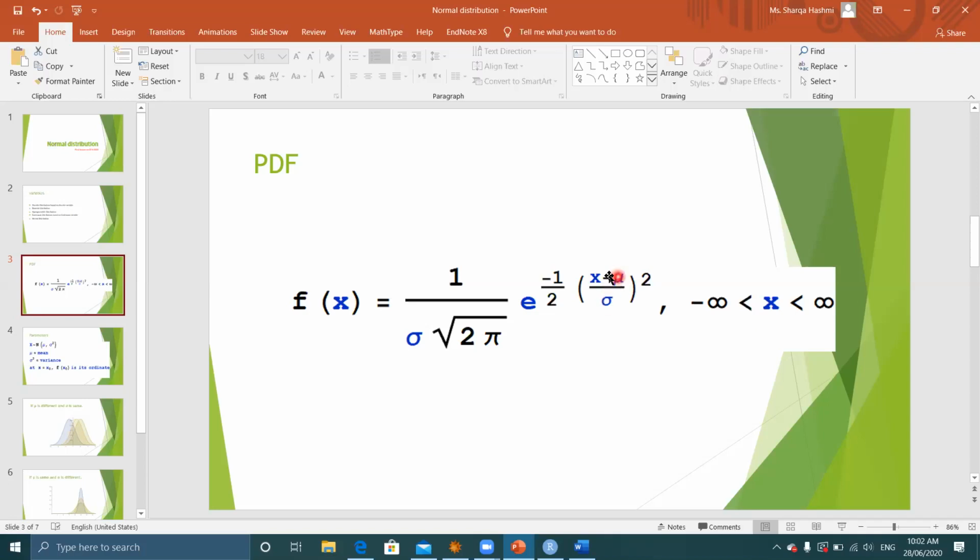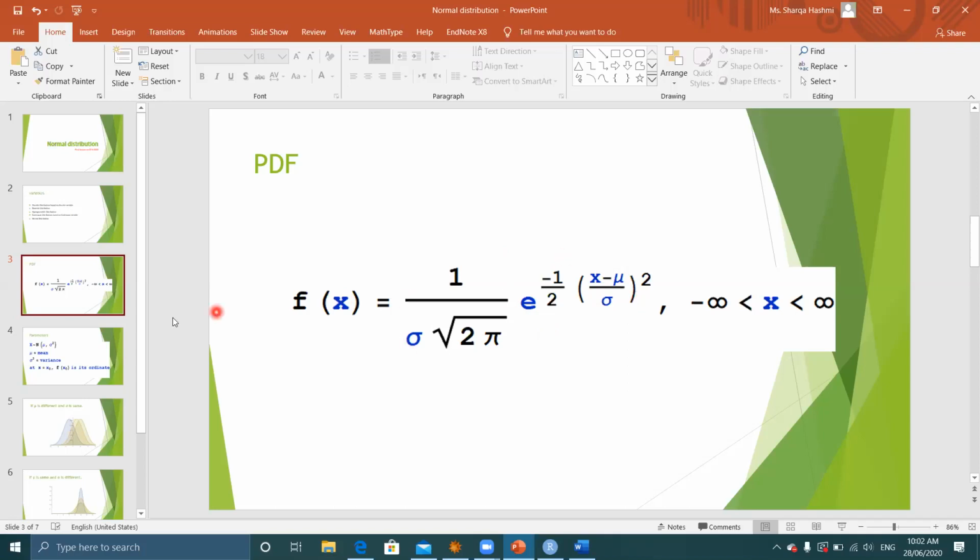If we put all three numeric values here, we can solve this expression. Sigma is given, mu is given, and at x any specified point, we can calculate this value. At any specified point, that value is called ordinate.